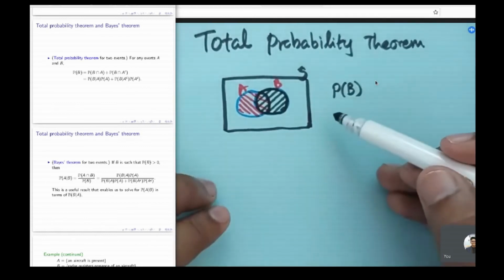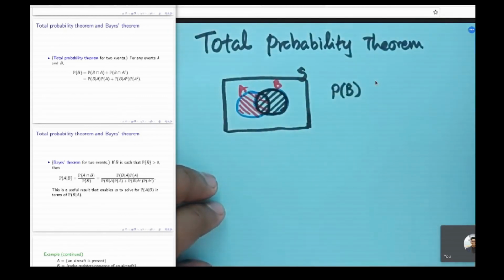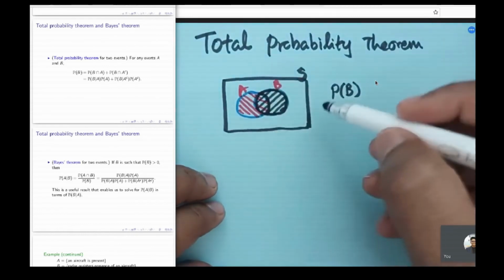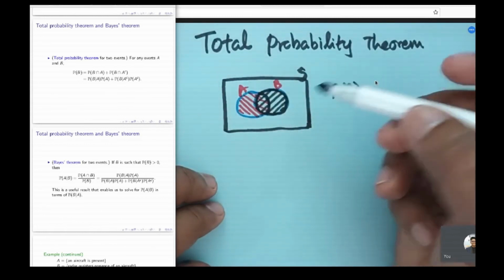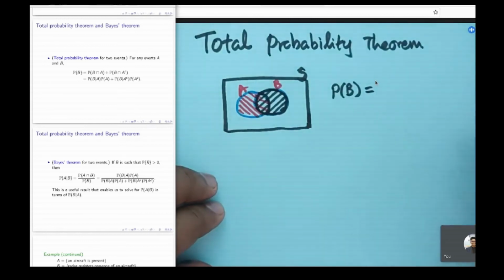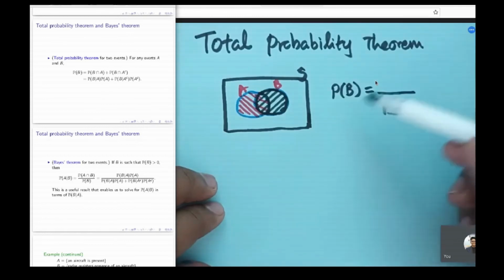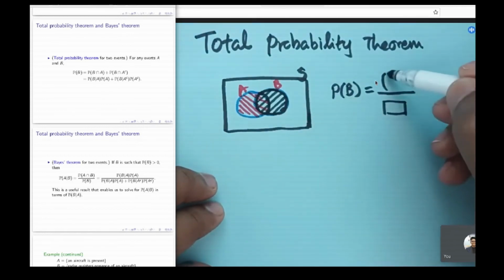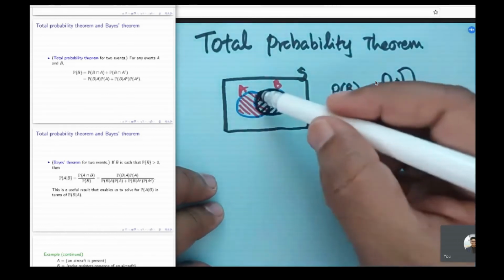So from set notation, if you look at the set itself, you can write B as the summation of this and the summation of this. So P(B) will be the total probability from the entire sample space, and B can be written as the summation of this little part and this little part.